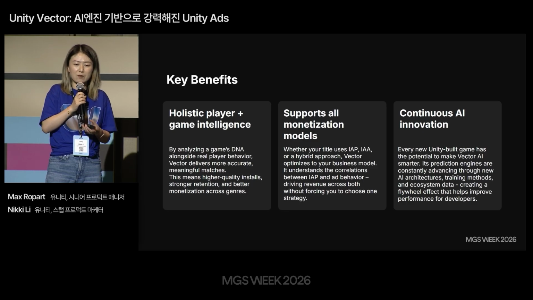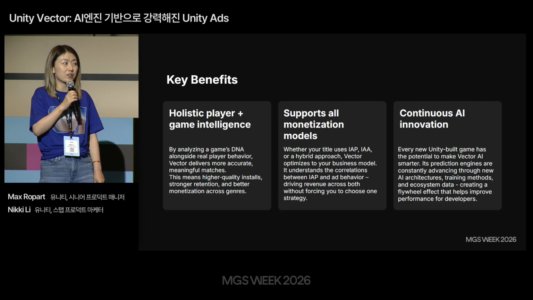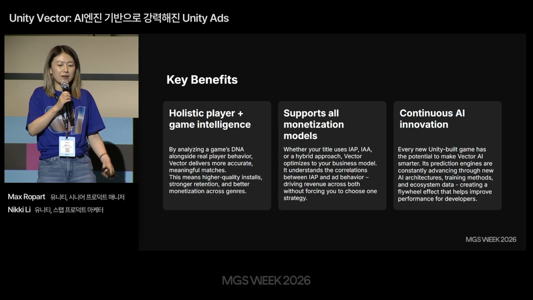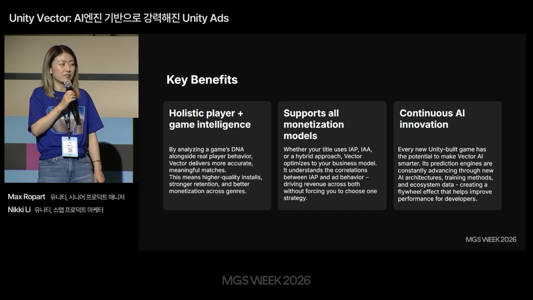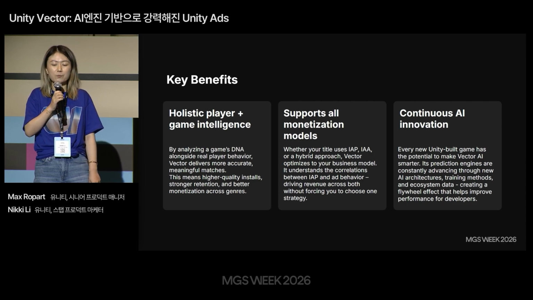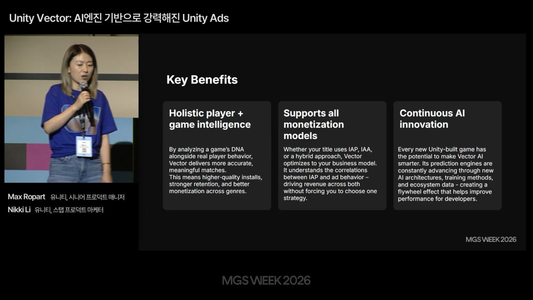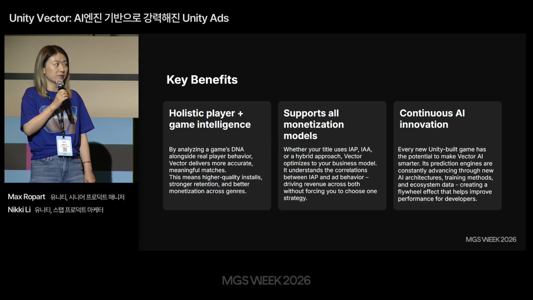Vector is built from thousands of data points, features, and submodels interacting with each other. Today's gamers are your everyday consumers, and the game context is a highly engaging channel. Unity Vector leverages data about the game, context, and the understanding of consumer behaviors using advanced analysis capabilities of game DNA and real player behaviors, as well as optimization towards your monetization model, depending on your business goals.